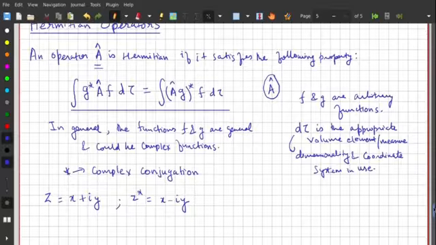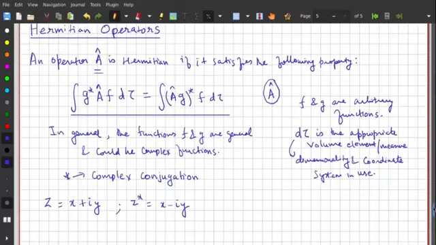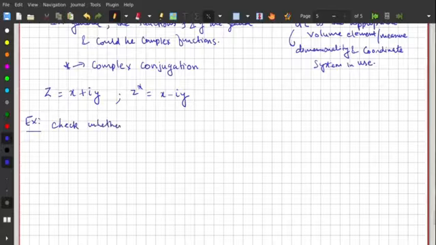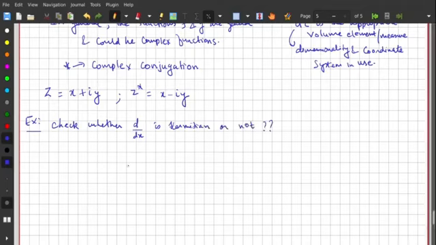So let's use this definition and check for some operators whether they are Hermitian or not. For example, let's check whether the first derivative operator, d/dx, is Hermitian or not. So how will we do that?